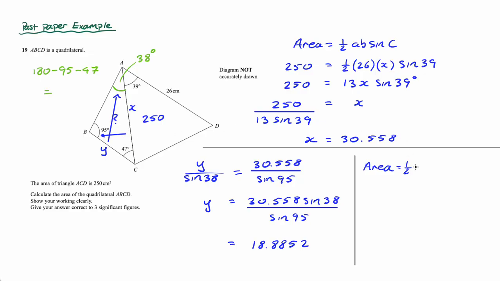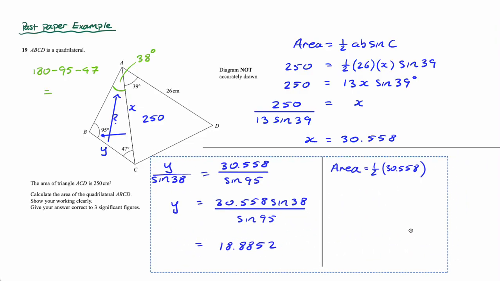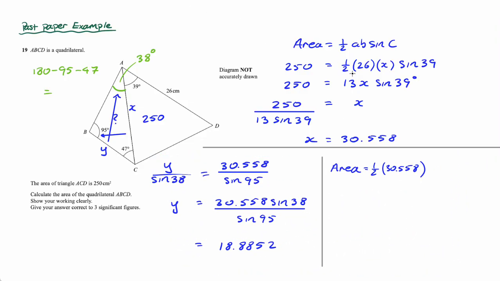So it's a half x 30.558 times y, and guys, I'm gonna have to move all this, 1 second. Okay, so this times x times y, 18.8852 times sine 47 degrees, and you can do all that in one go.